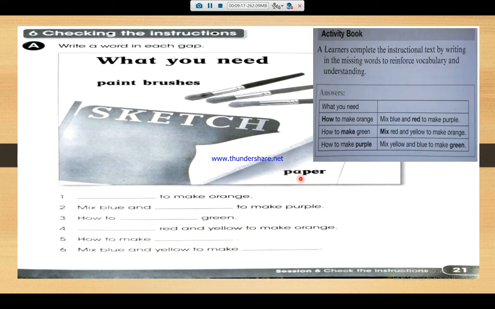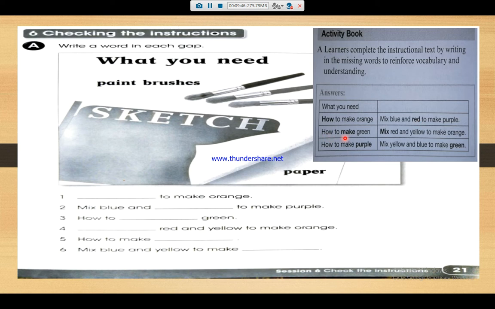Okay, here we have all the answers for the sentences from number 1 to number 6. Let's read the answers together. What you need. So you are going to complete by adding the words. Number 1, how to make orange. So the missing word is how. Number 2, mix blue and red to make purple. So the missing word is red.